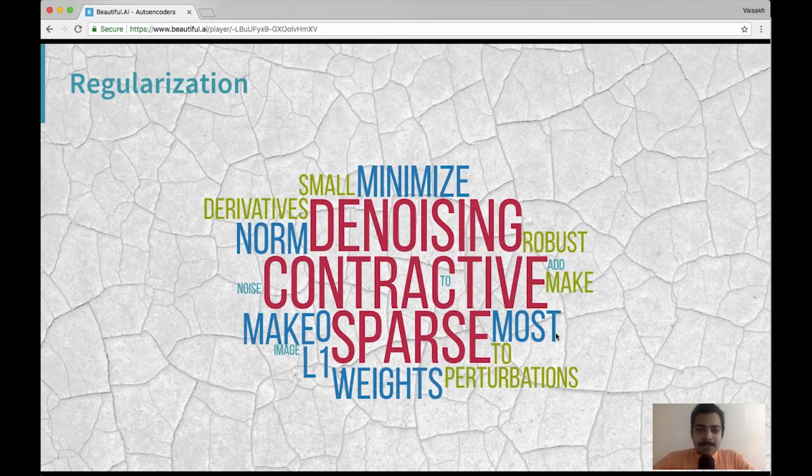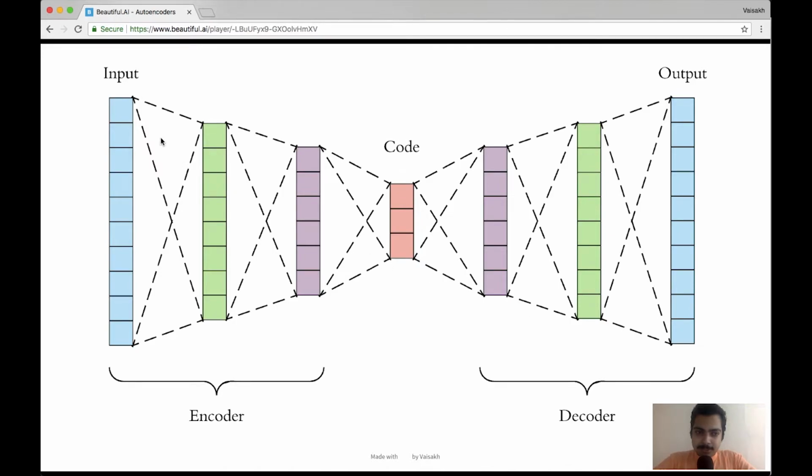Okay, so regularization means we constrain the network. We don't allow it to overfit. So there are multiple ways to regularize a neural network. Before that, let me touch on this fact, which will hopefully make this regularization part a bit clearer for you.